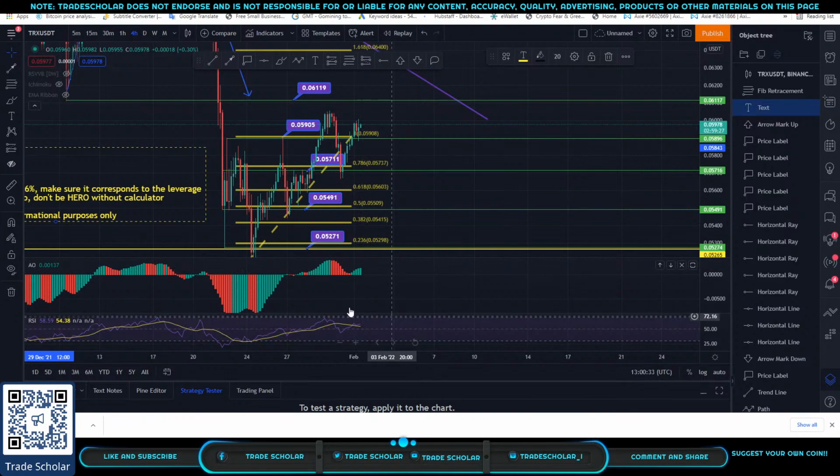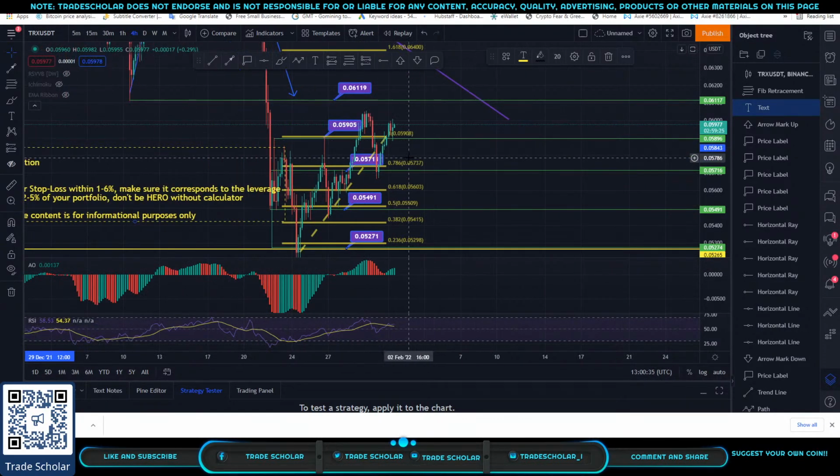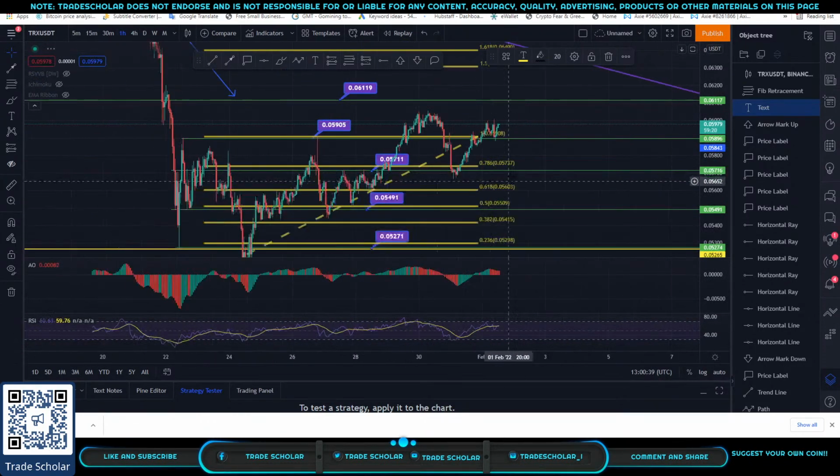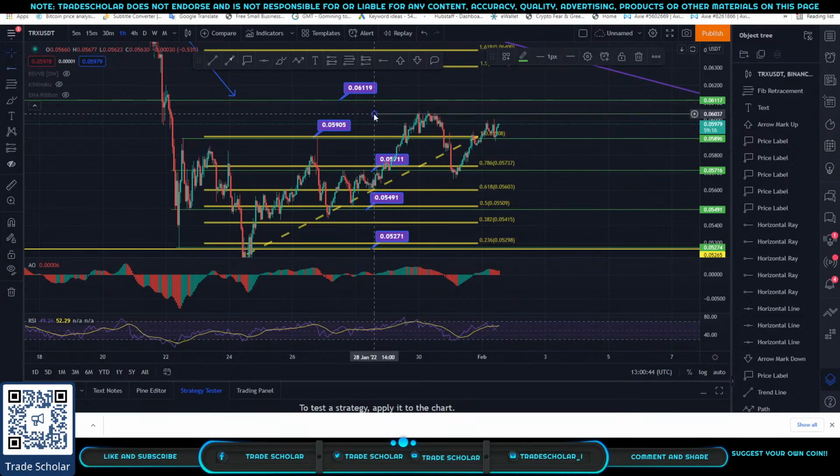Volume is also a lower high. We can expect a change of trend. On the 1-hour time frame, the top can be right here. Okay, that can be our top.